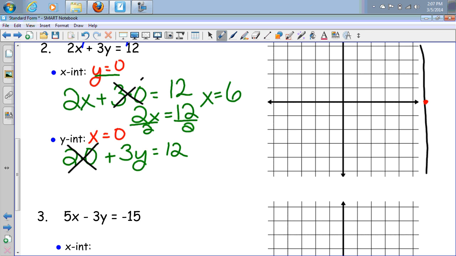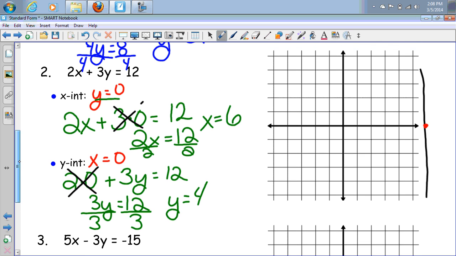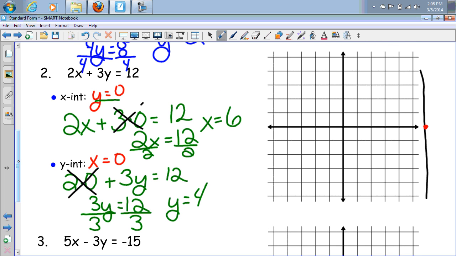It becomes 0, so we're left with 3y equals 12. To solve for y, we need to divide by its coefficient, so both sides need to be divided by 3. We're left with y equals 4. So on our graph, our y-intercept is up here where y is 1, 2, 3, 4. Can we use this now to draw a quick graph? Sure can. We need to connect our 2 points, our x-intercept and our y-intercept.